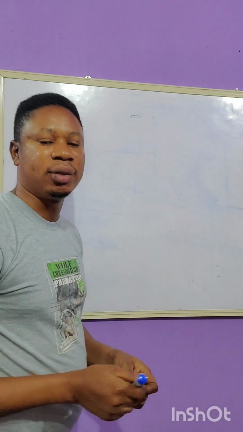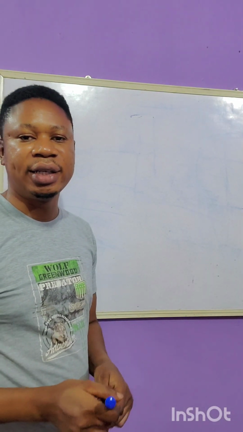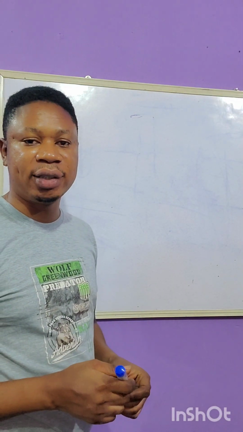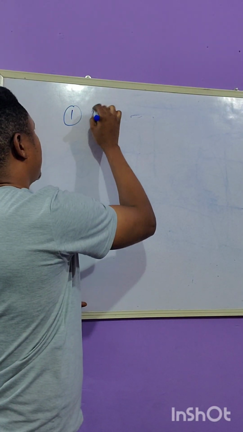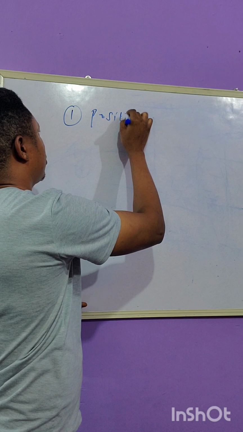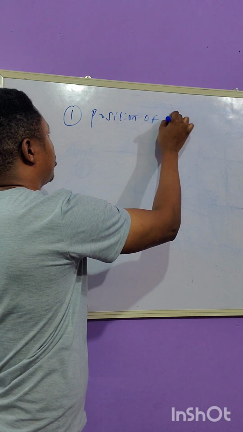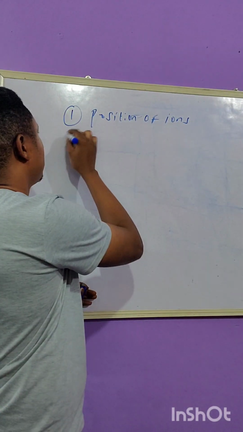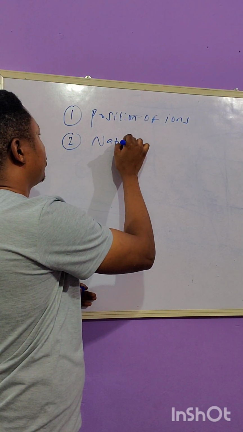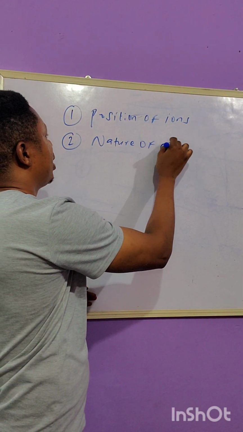So the first factor to consider is the position of ion in the electrochemical series. Number 2, nature of electrode.